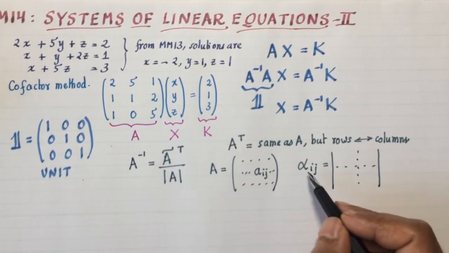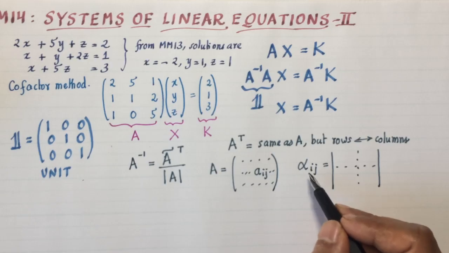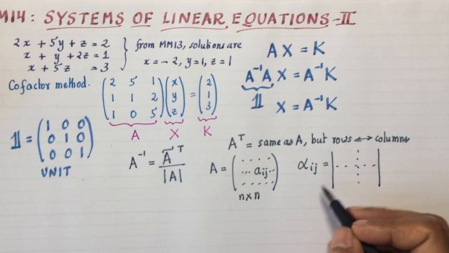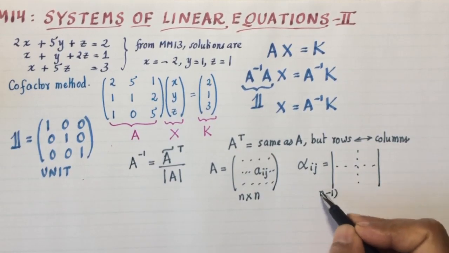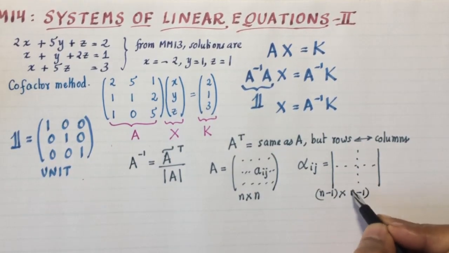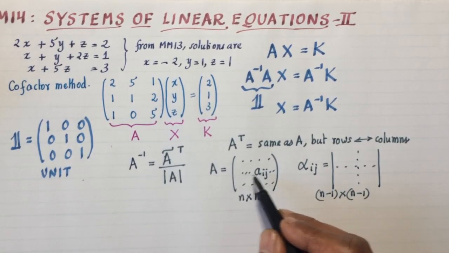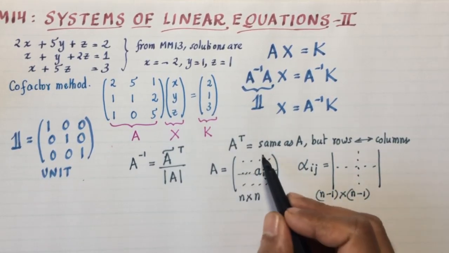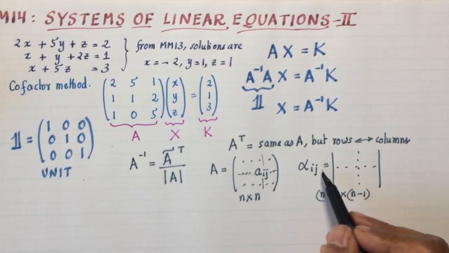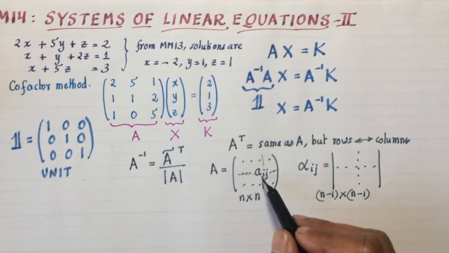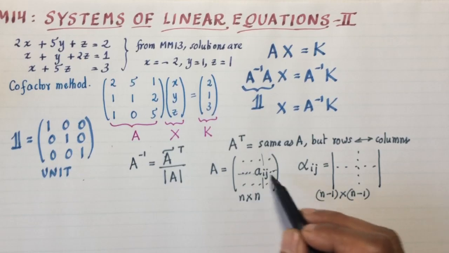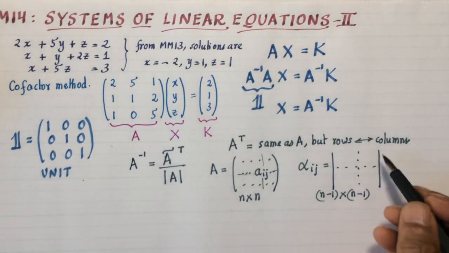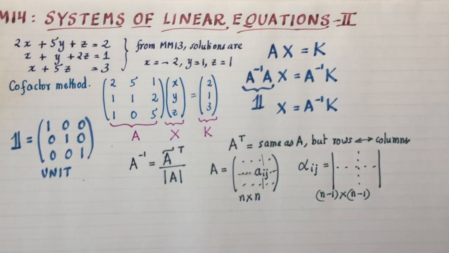So this is a matrix of one dimension lower. If this was an n by n matrix, this would be an n minus 1 by n minus 1 matrix. So whatever Aij controls will be killed when you form alpha ij. And that's the determinant of whatever you get here.